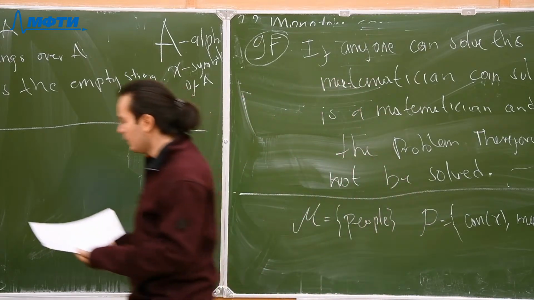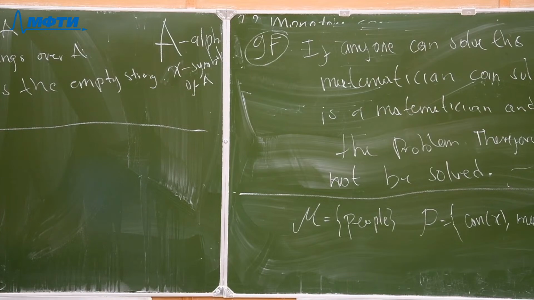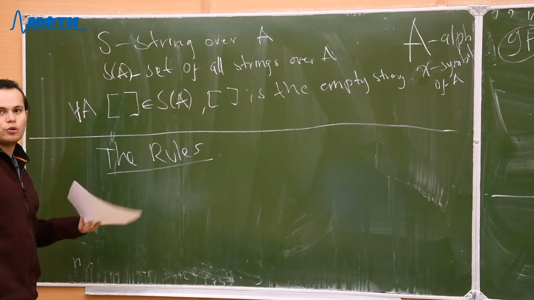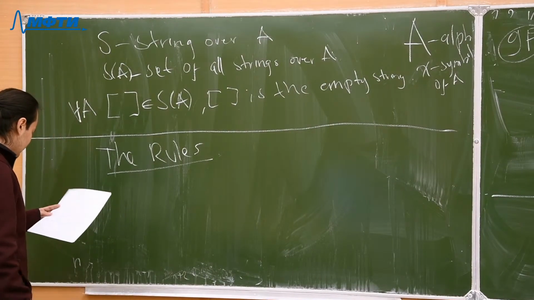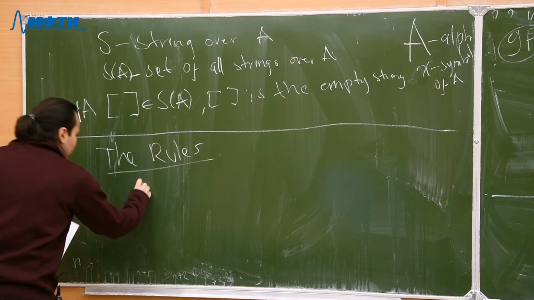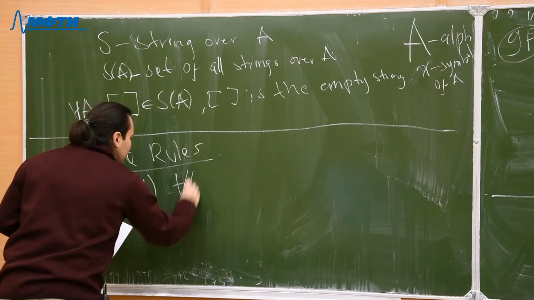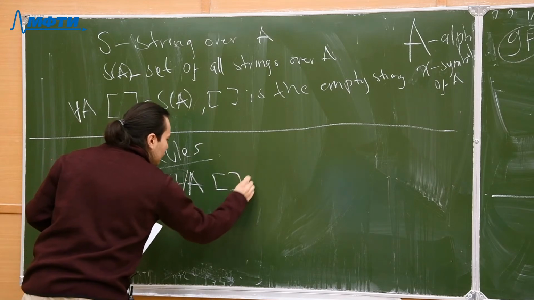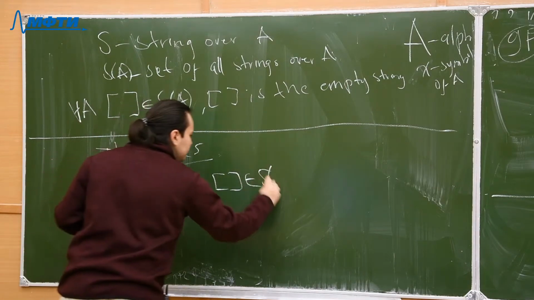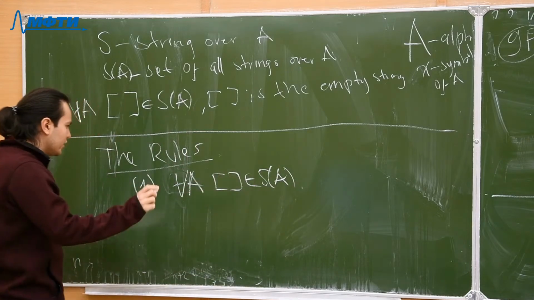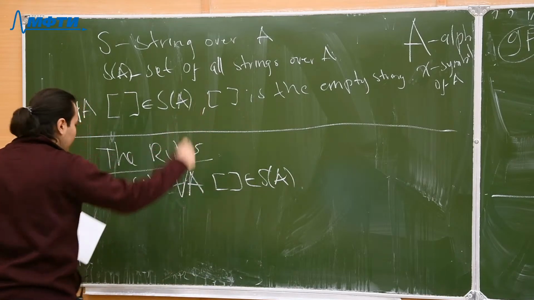Everything I'm telling you is from your lecture, but it's quite important. The first rule is that the empty string is a string over any alphabet A.